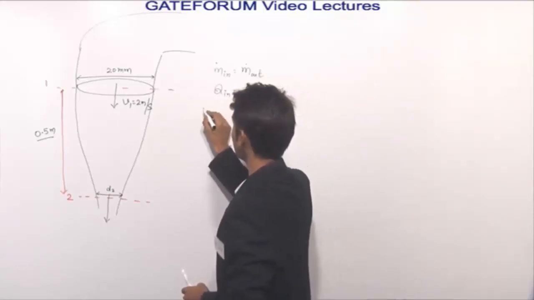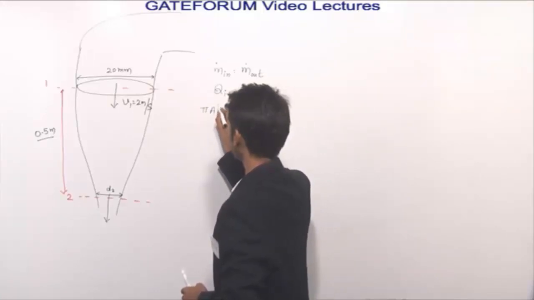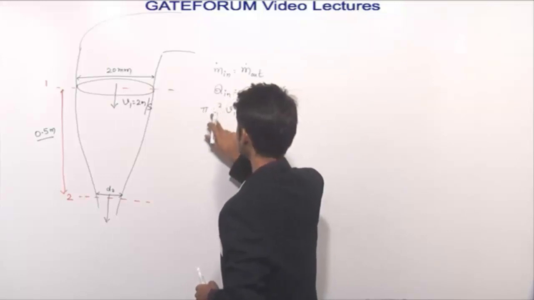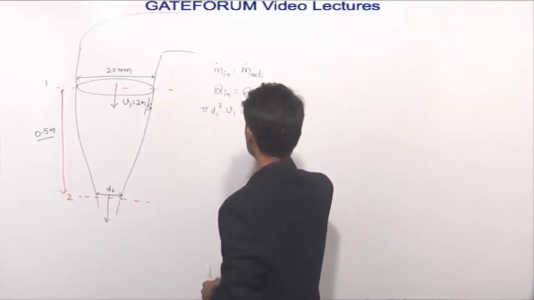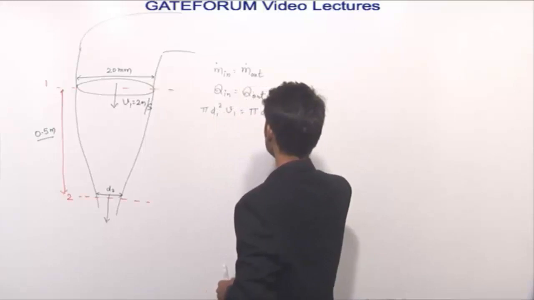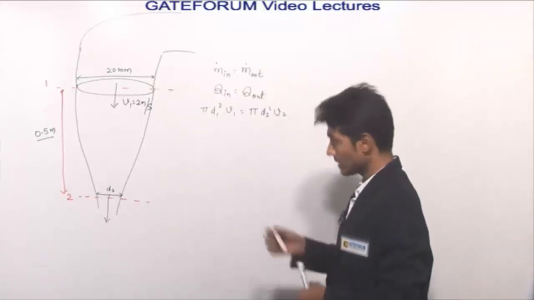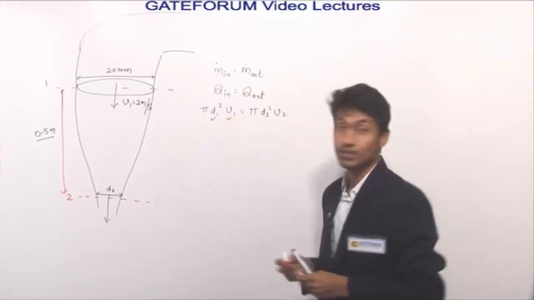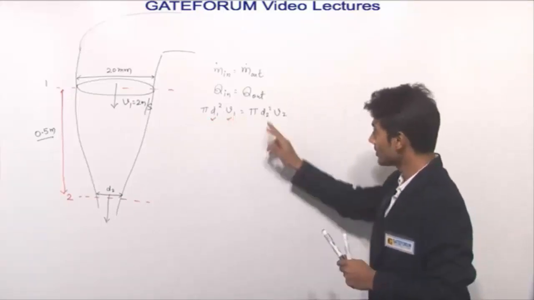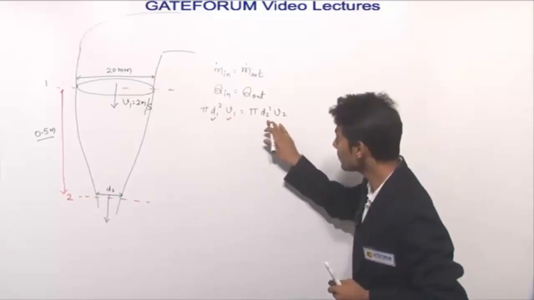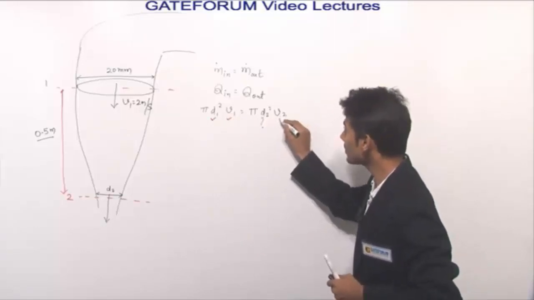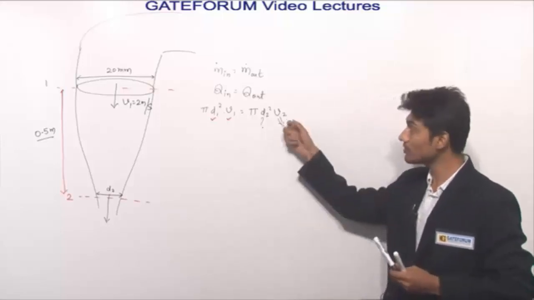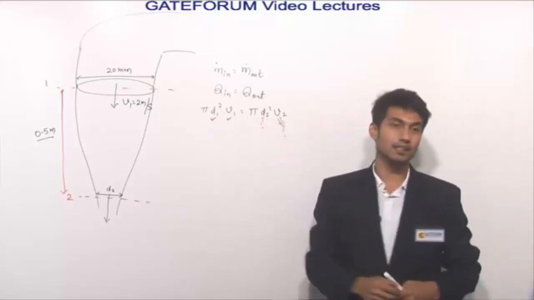We can write it as pi/4 D1 square into V1 is equal to pi/4 D2 square into V2. In this equation we are given D1 and V1, but on this side we want to calculate D2, and we do not know the value of V2. So first we need to calculate V2, and only then can we calculate D2.